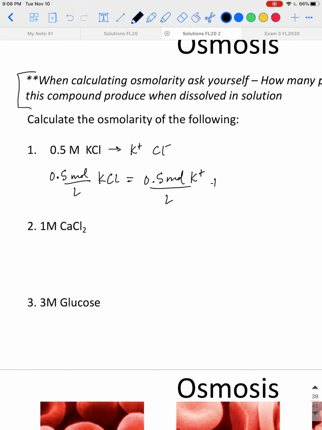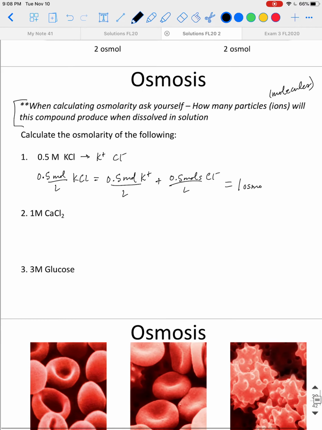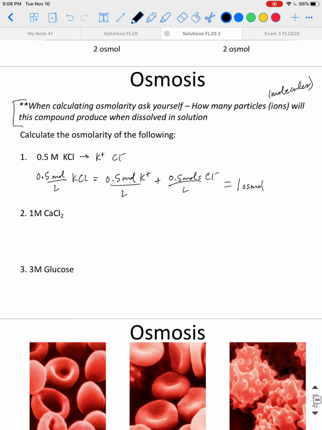So we're going to have 0.5 moles of potassium ions per liter, plus 0.5 moles per liter of the chloride ions. And these are just particles. All you do is add these 2 together, so we will have 1 osmole, or you could say it has an osmolarity of 1.